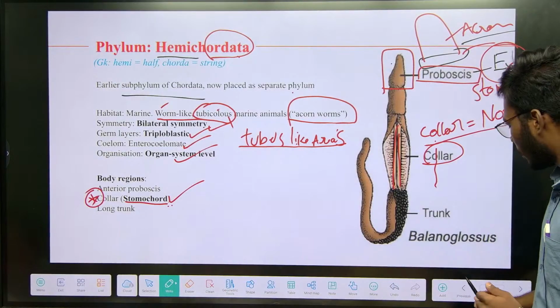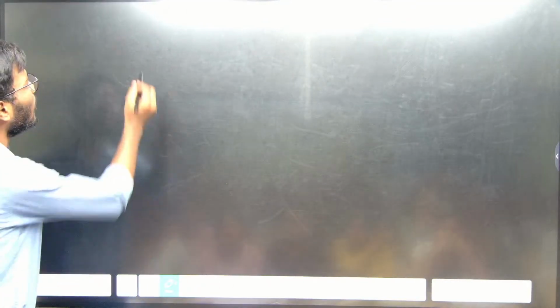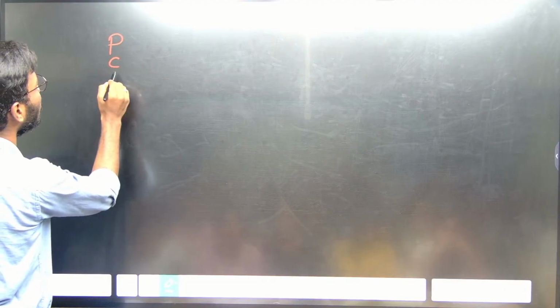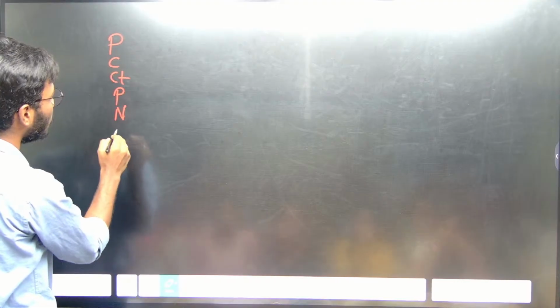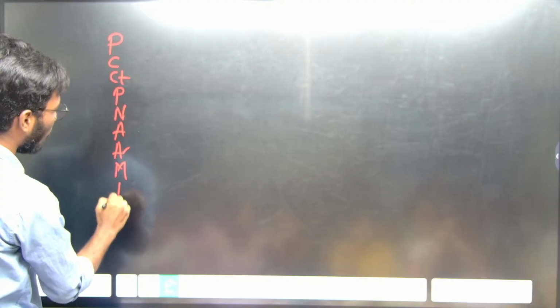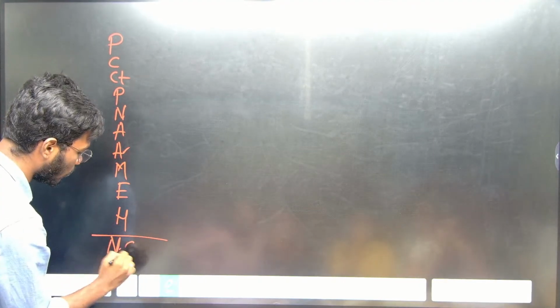Now I want to explain what non-chordates and chordates are, and what vertebrates and invertebrates are. It's just a five-minute topic. Porifera, Coelenterata, Ctenophora, Platyhelminthes, Nematohelminthes, Annelida, Arthropoda, Mollusca, Echinodermata, hemichordata: all are non-chordates because they don't have a notochord.